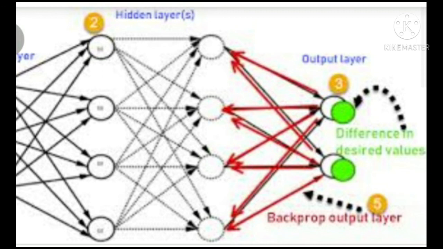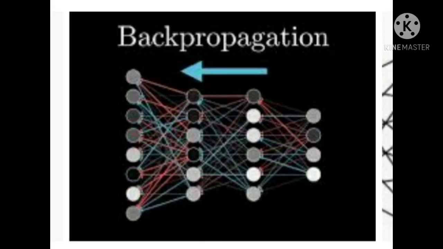The weights and thresholds of the different nodes are changed to reduce the gap between the intended output and the actual output. This process is repeated till we get the correct output. The system continues to learn till it gets the output. This kind of learning is known as back propagation.